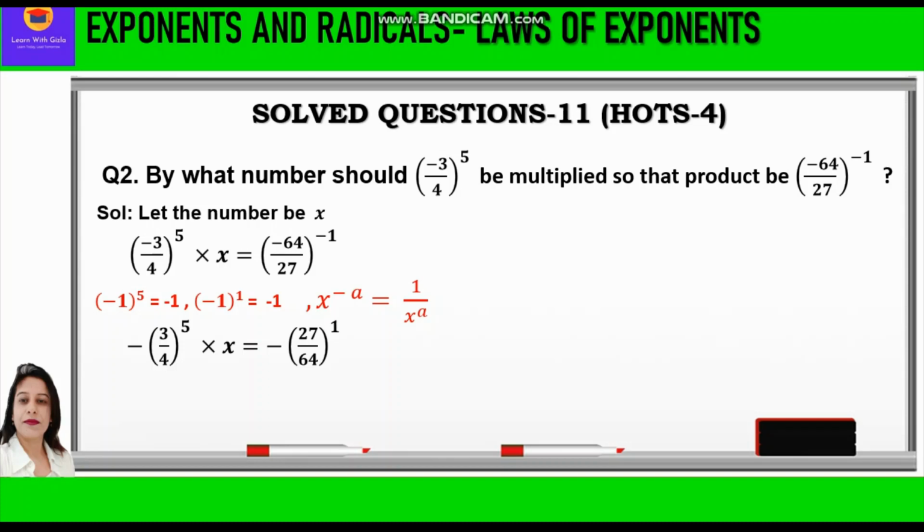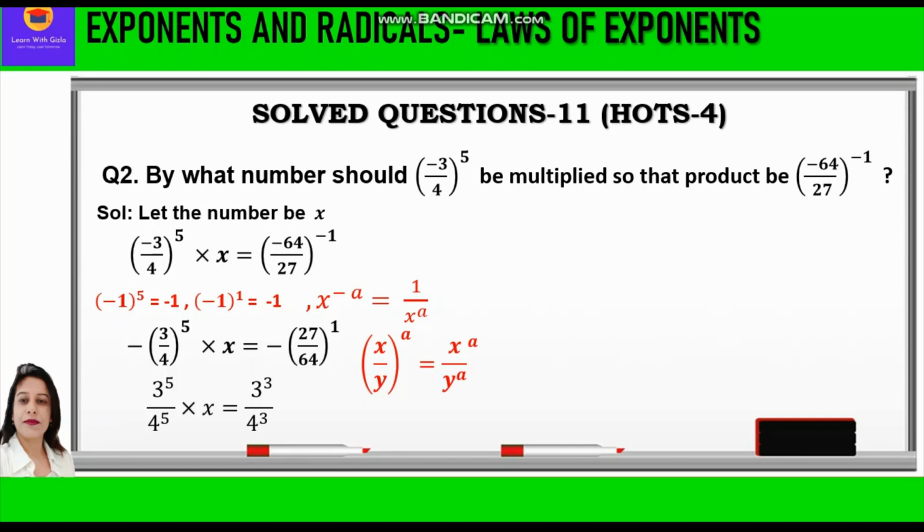Now over here we have whole raised to power 5 on the left hand side. Here we shall apply the law of power of quotient, according to which whenever we have x upon y whole raised to power a, we can write it as x raised to power a upon y raised to power a. That means a will be distributed between numerator and denominator. So accordingly we shall write over here also, and minus and minus will cancel first of all.